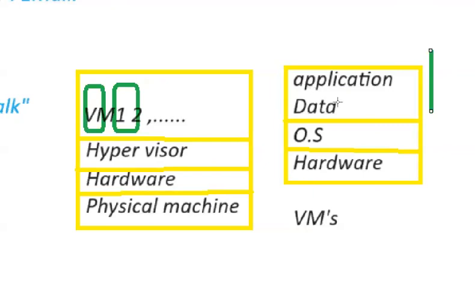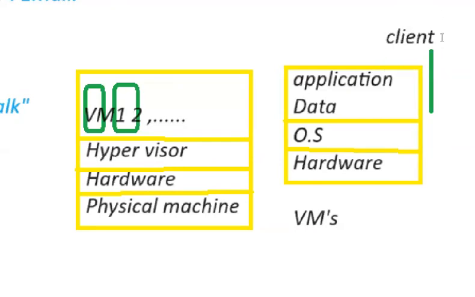Only the application and data, whatever application and data we provide, is our responsibility, that is, the client's. We are the client, so we are responsible for our application and its data.